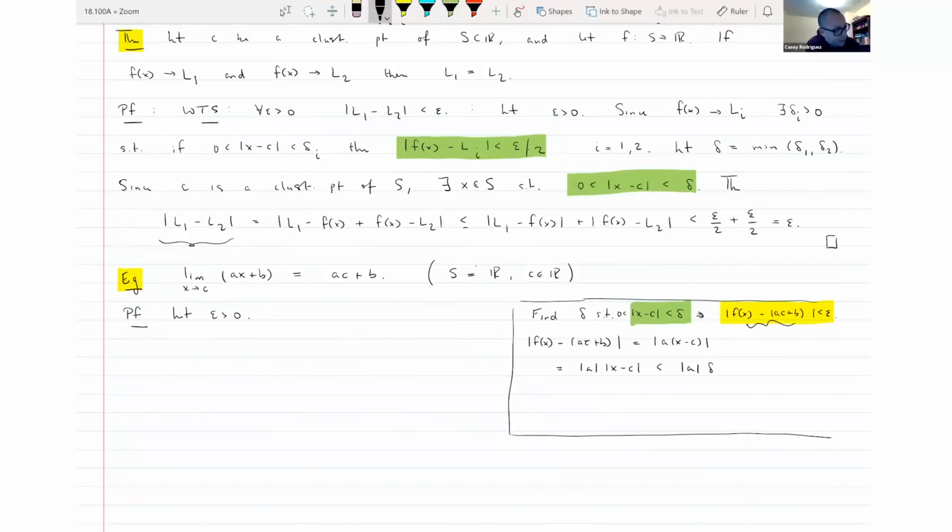So if I want the thing in yellow and I have the thing in green, how do I choose delta? So in the end, I want |f of x minus (ac plus b)| to be less than epsilon. Right now, I'm at the absolute value of a times delta. Delta is the thing I get to play with. So how do I choose it?